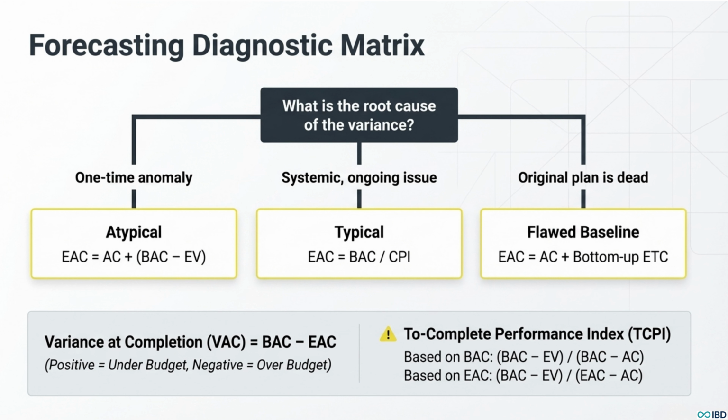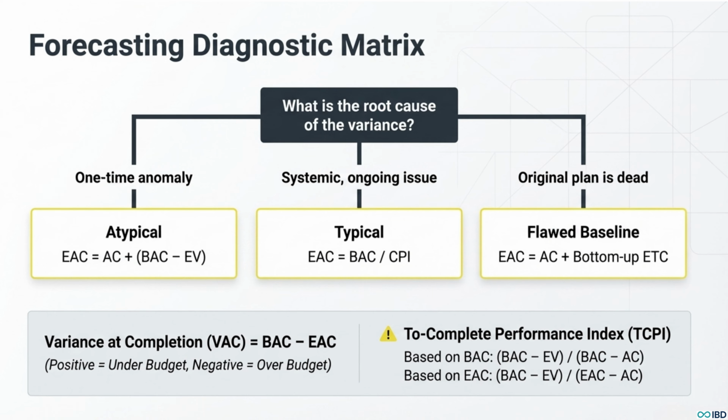Okay, pay close attention because this slide right here, this is the absolute heart of EVM diagnostics. It all boils down to that one critical question at the top. What is the root cause of the variance? Seriously, your answer to that single question changes everything about your forecast. So if the issue was a one-time thing, a fluke that's already been fixed, you go with the atypical formula.